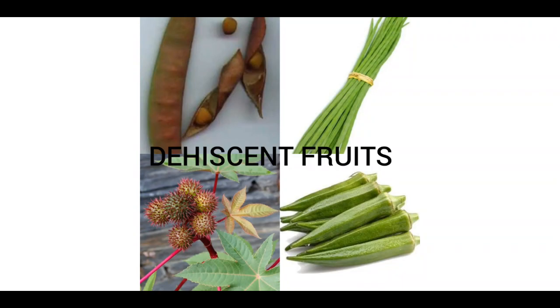Examples of dehiscent fruits are 1. Legumes or pods. Examples: cowpeas, pride of Barbados, crotalaria, and flamboyant. 2. Capsule. Examples are castor oil fruits, okra fruits, cotton, and para rubber fruit. 3. Follicle. Examples are schizocarp, desmodium, and cassia.